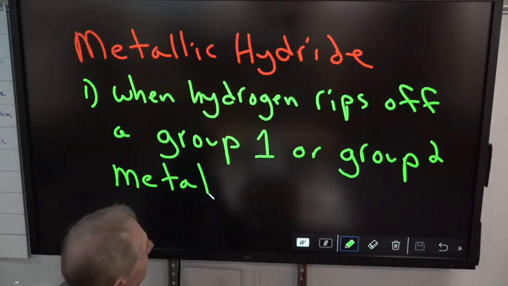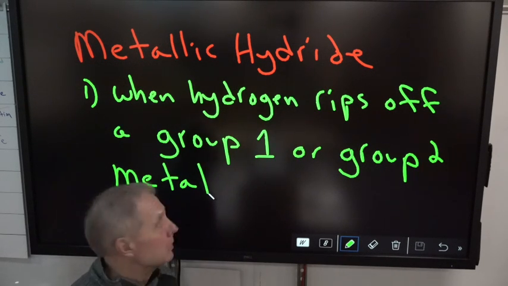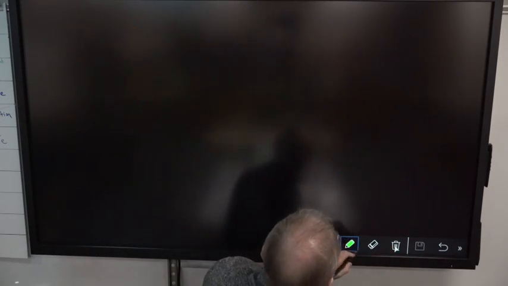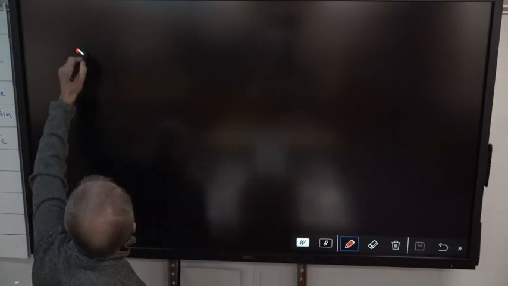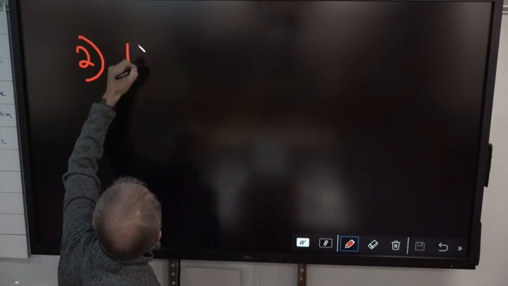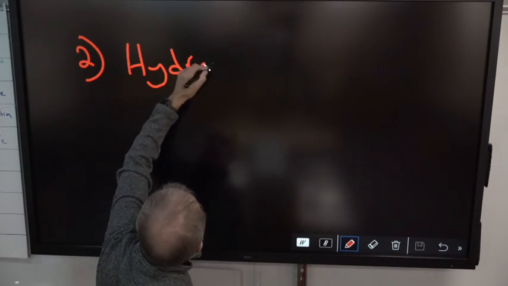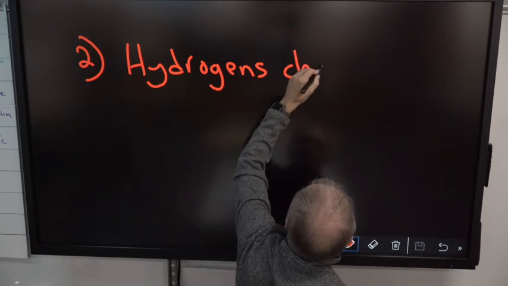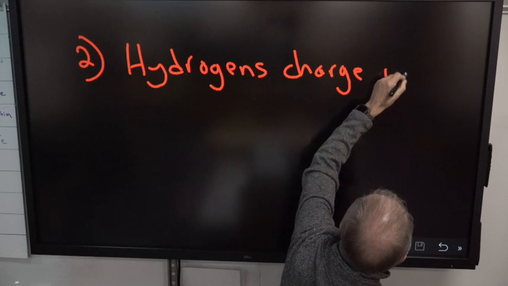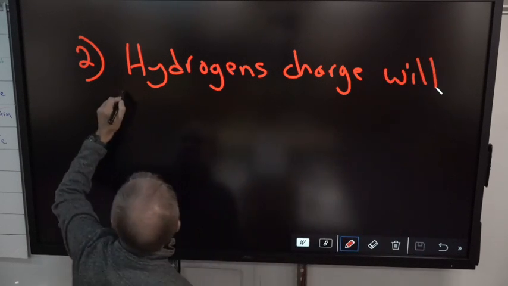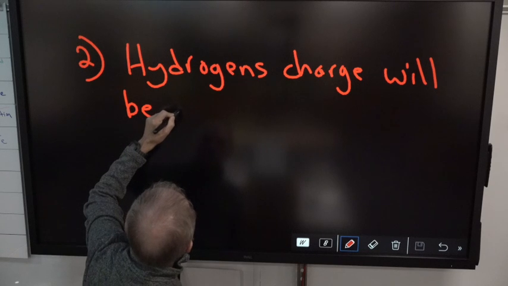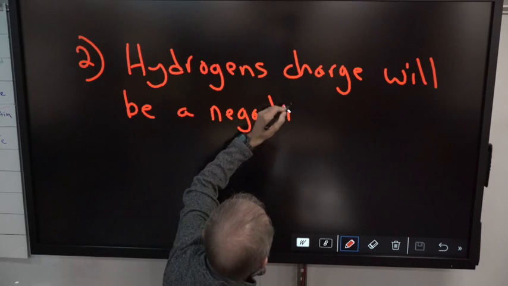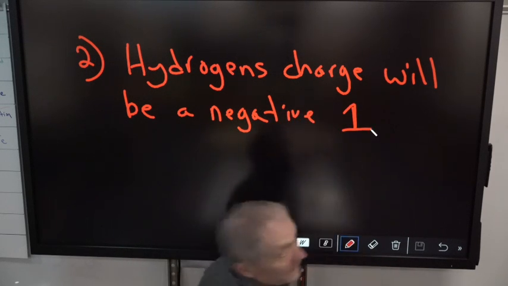Okay? And the deal is, if hydrogen rips off a group 1 or group 2 metal, that's the big deal.